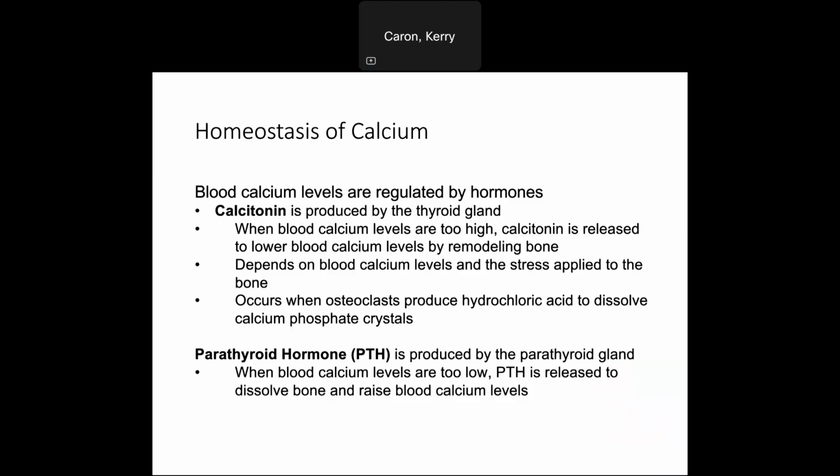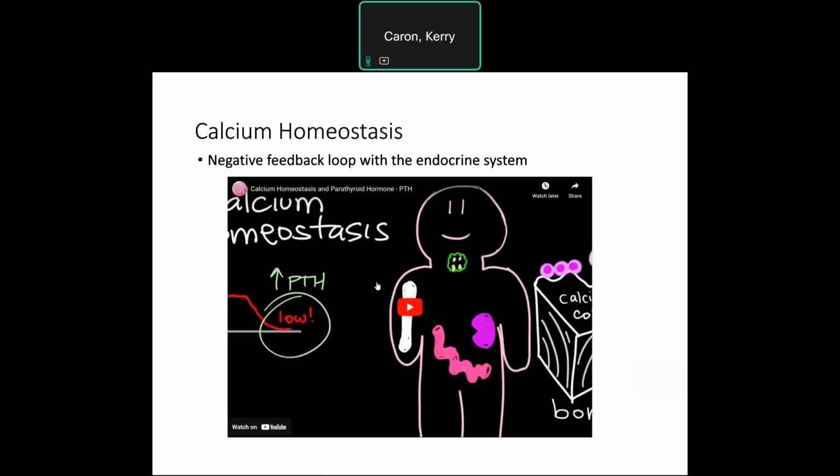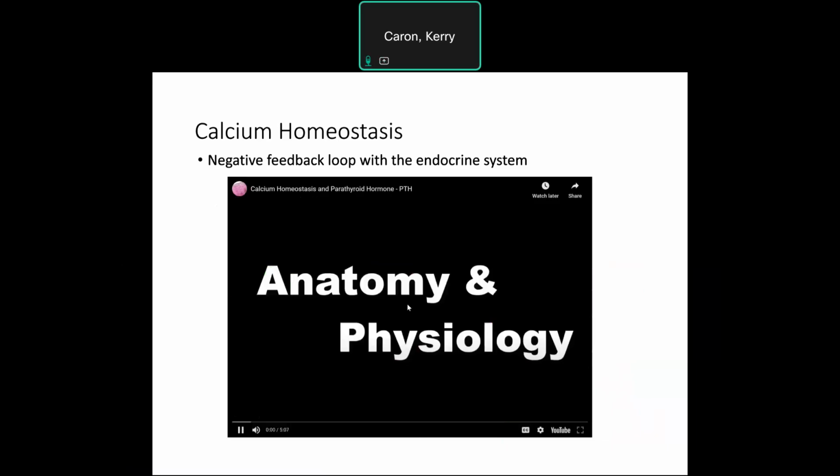And a lot of that is regulated from the parathyroid. The parathyroid gland will release parathyroid hormone, which, if the calcium levels in the blood are too low, will help us raise blood calcium levels. Okay. Here's a little quick video about that.